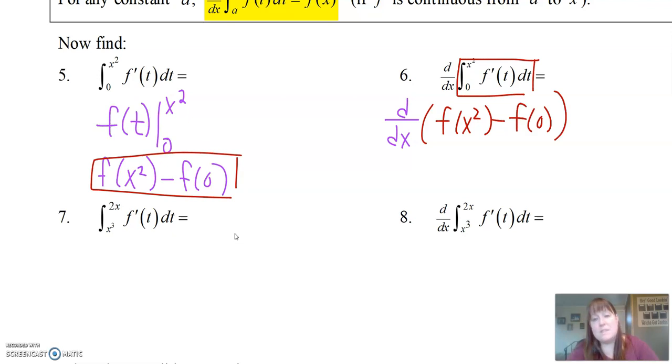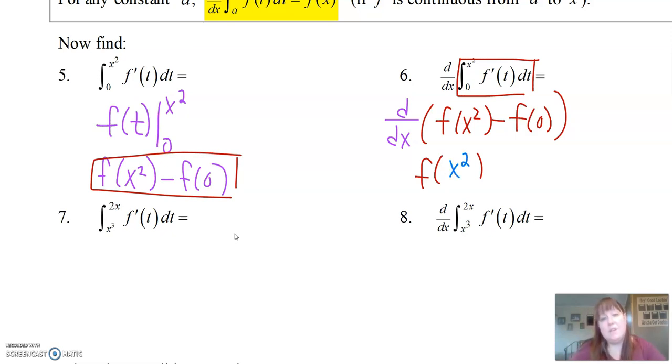Now remember, since f of 0 is a constant, when we take the derivative of it, we get 0. So really, we're just taking the derivative of f of x squared. You'll notice that this is actually a chain rule issue, right? The outside function is f of x, and the inside function is x squared.